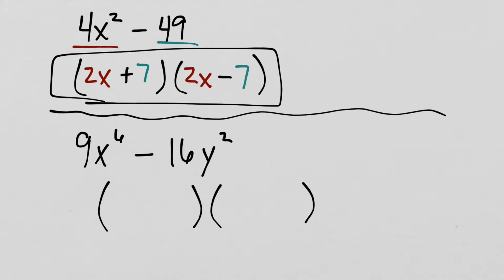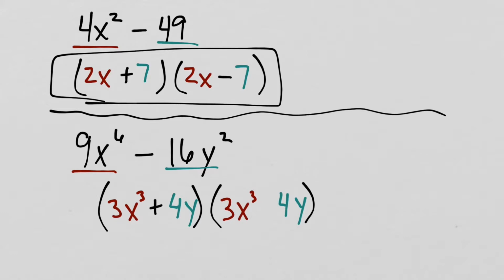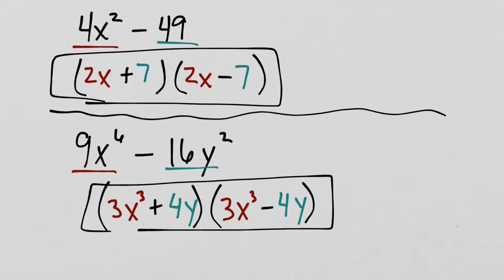So again, we have a binomial, we have two terms, we have a difference, now we check perfect squares. So x to the sixth is really x to the third times x to the third. 9 is really 3 times 3. So 3x to the third times 3x to the third gives you the 9x to the sixth. Right here we have a y and a y, because the square root of y squared is y times y. And then the 16 would be a 4 and a 4. Put a plus, put a minus. The end.